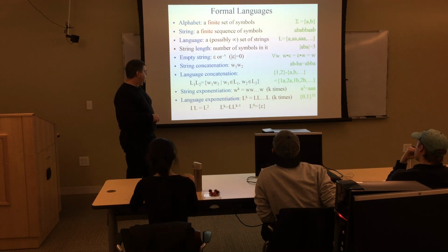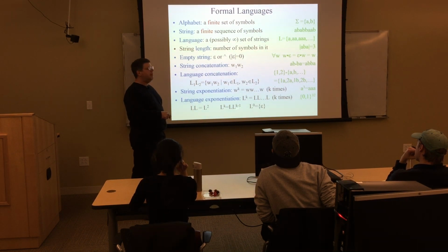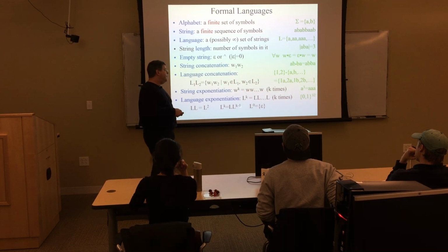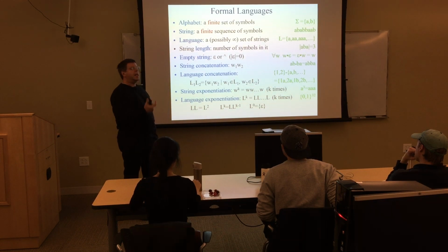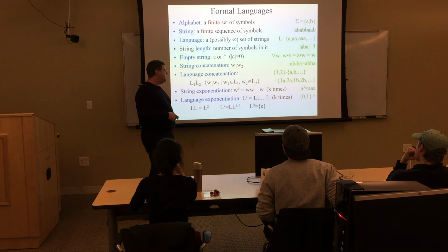So inductively, L concatenated to L is L squared, and L to the k is L concatenated to L to the k minus 1. That's the inductive way of defining exponentiation of a language. And the language exponentiated to the 0 is the empty string taken as a language. So it's a language containing the single string, namely the empty string.